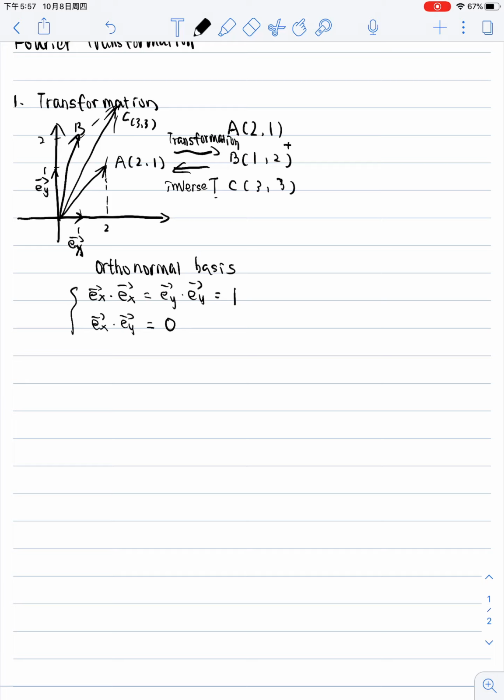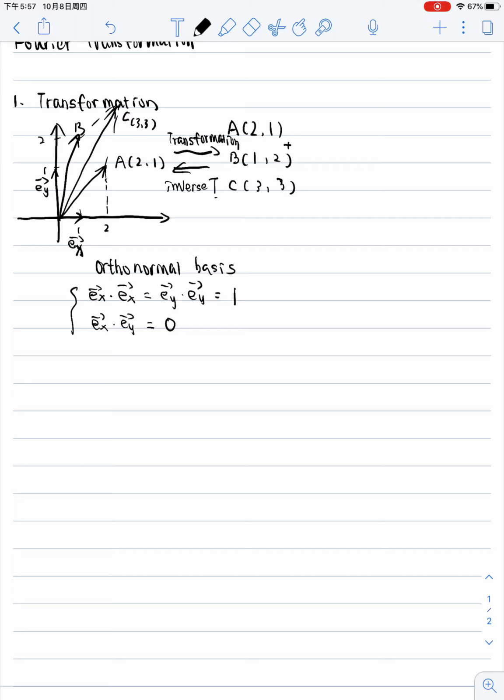and the angle between them is 90 degrees. So the cosine of 90 degrees is 0.